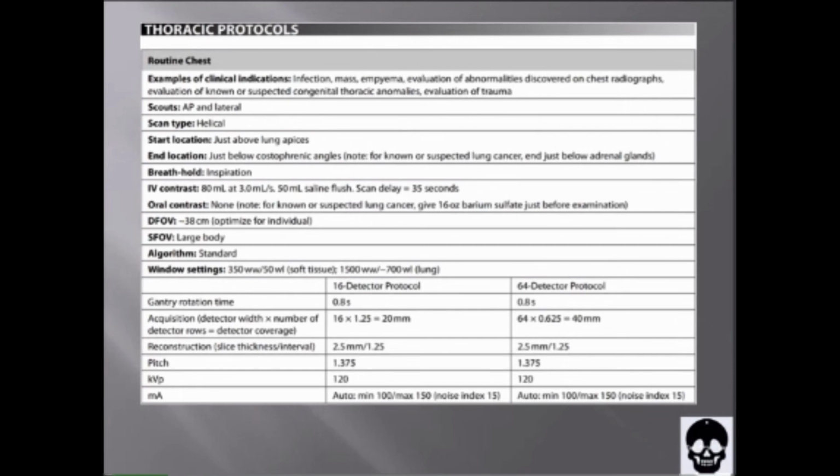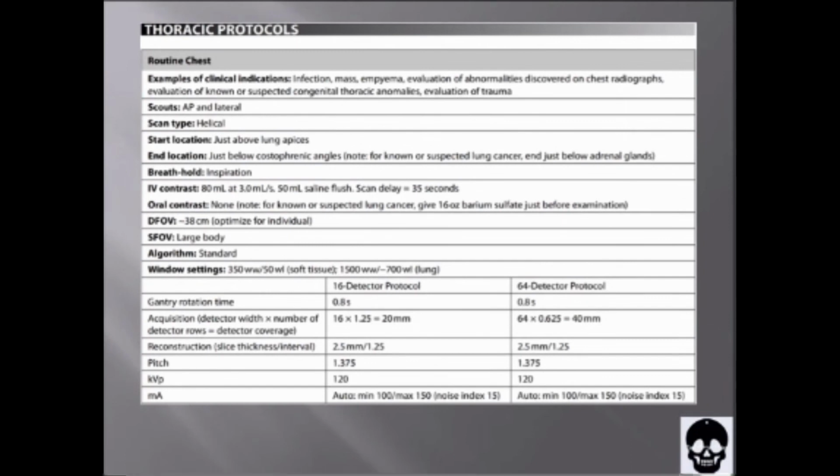Acquisition: detector width times number of detector rows is equal to detector coverage. 16 by 1.25 is equal to 20 millimeters in 16 detector protocols. 64 detector protocols is 64 by 0.625, equal to 40 millimeters. Reconstructions, or slice thickness over interval: in 16 detector, 2.5 millimeter over 1.25. In 64 detector, 2.5 millimeter over 1.25.